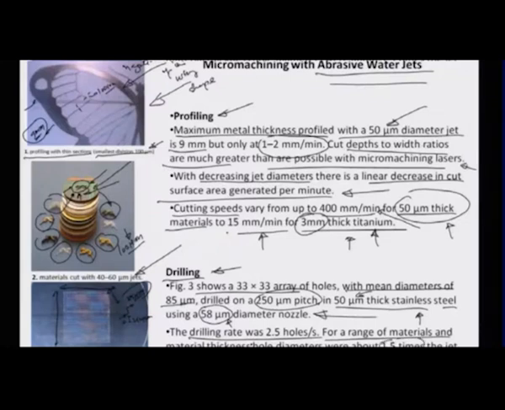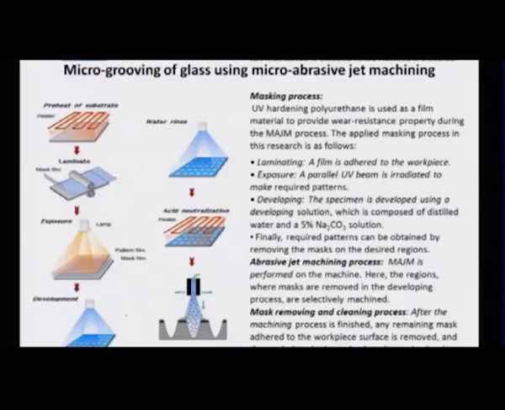If the jet diameter is close to 120 micrometer, the hole size in this particular case, as you can see here, is about 85 micrometer or so. Such is the power of abrasive water jet for doing microstructuring and microprocessing.